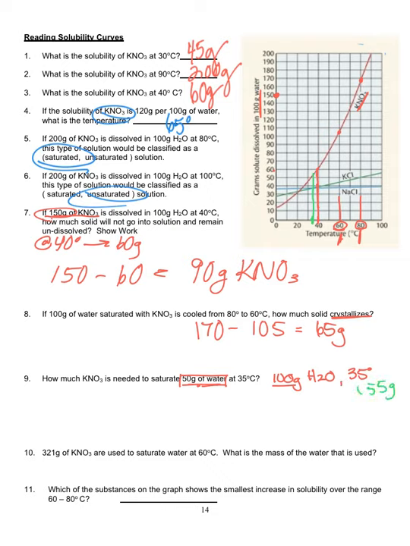Okay, so then what you do is you put your waters on the bottom and you set up a proportion. The first one is the one we always know. It's 100 grams of water. And you just told me that 55 grams of KNO3 will dissolve.